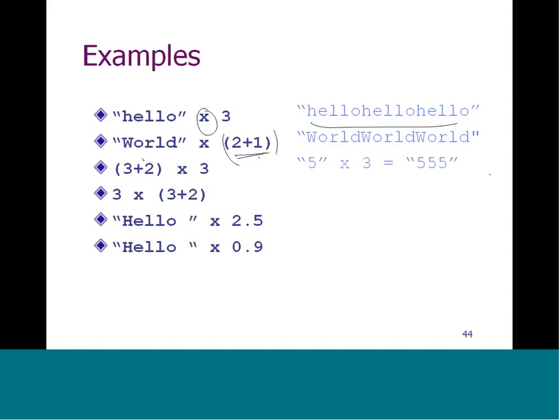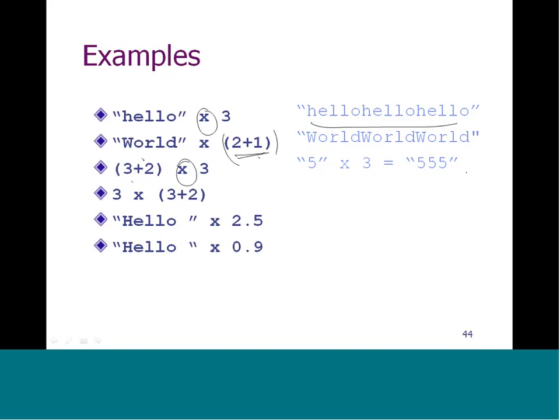Here again, when we use the x operator, the 3 plus 2 is evaluated, and that is essentially 5, and then 5 times 3, so it is 555, and 5 is treated here as a string or a literal.